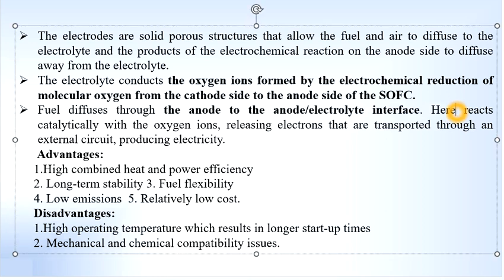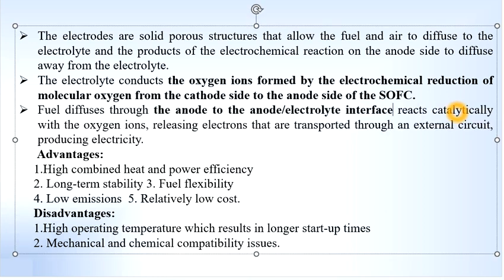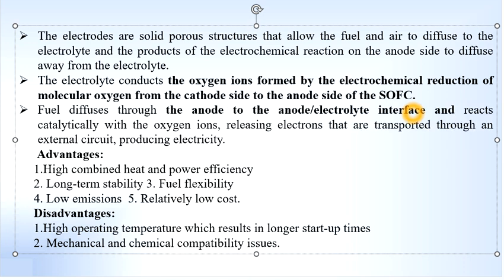Fuel diffuses through the anode to the anode-electrolyte interface and reacts catalytically with the oxygen ions, releasing the electrons that are transported through an electrical circuit.